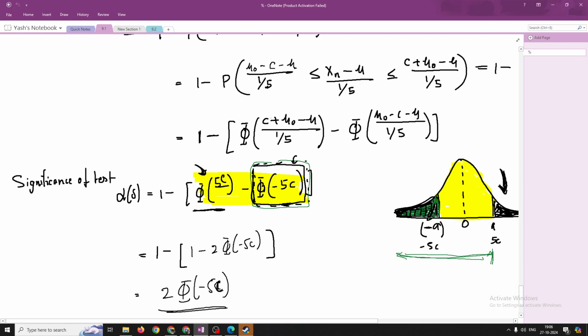We didn't really care too much about finding the best C.